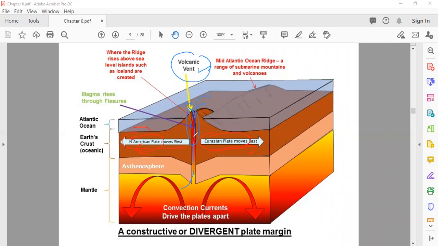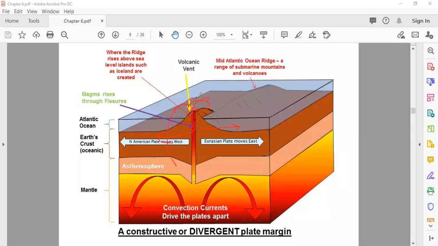So this is known as a constructive or divergent plate. You can say constructive plate, or you can say divergent plate. You can say any name. So once again, when two plates are moving away from each other, a small weak area comes, and through this the lava comes out.